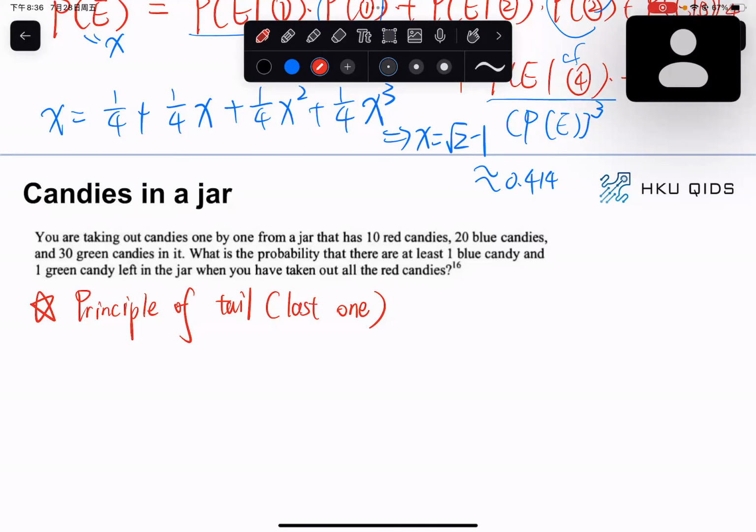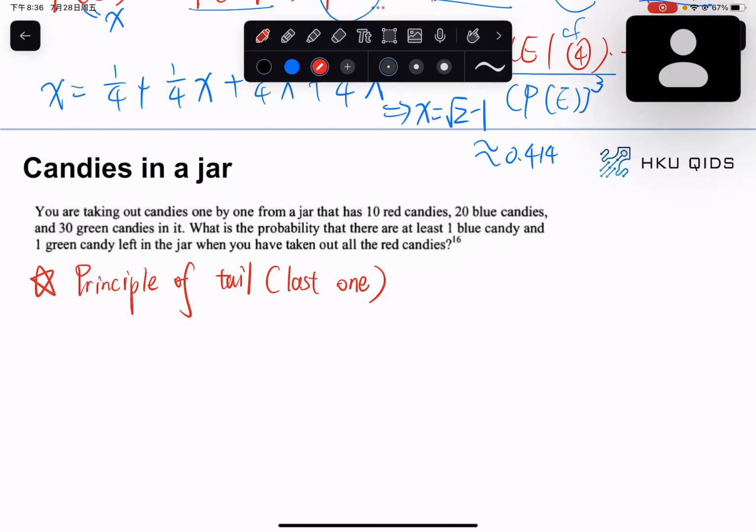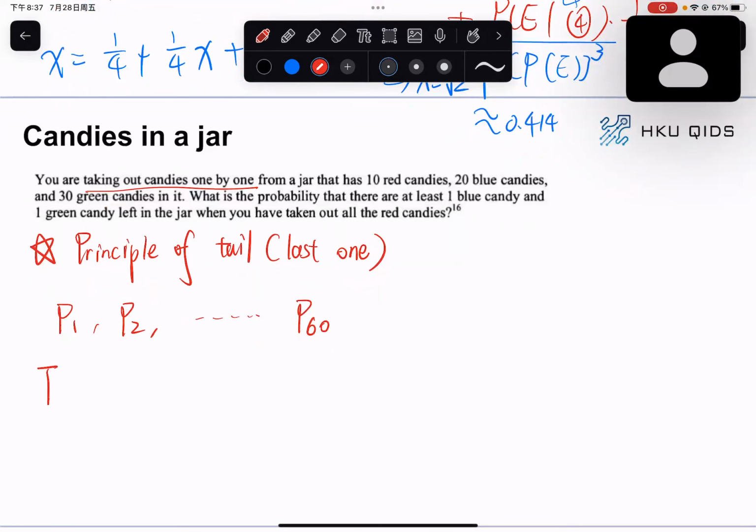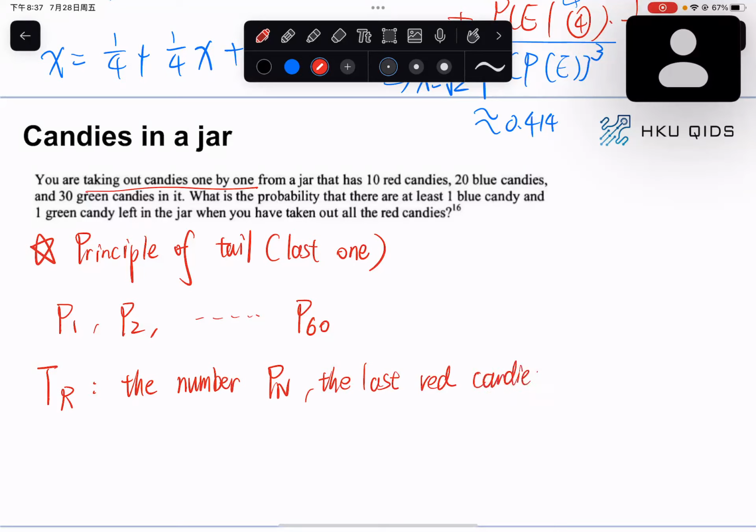So for this question, we can rephrase it like this. Let's suppose we take out candies 1 by 1, so we get the first pick, the second pick, all the way to the 60th pick. And we can define tail of red as the number at which the last red candy was picked.